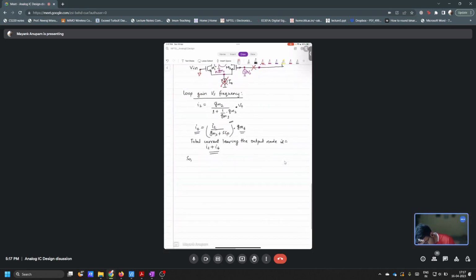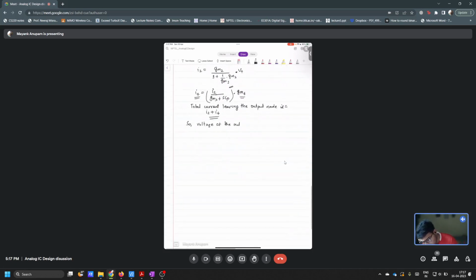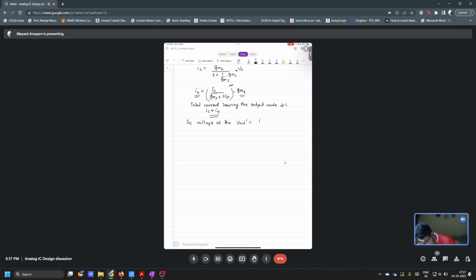So the voltage at the output, let's call this some V out. No, this is not V out, we cannot say it's V out. Let's call this V out prime. V out prime is equal to I2 plus I4 divided by SC, right?